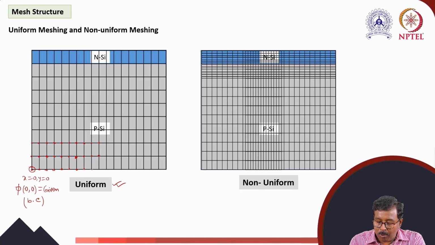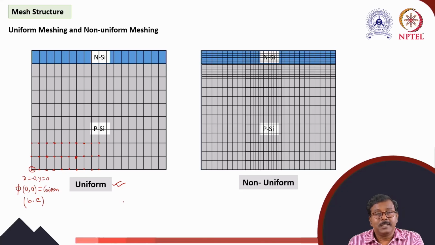So for more and more accurate results, you have to increase the number of grids or number of node points. That means you have to use smaller and smaller grids. That is called finer mesh, more and more fine mesh. If you use fine mesh, you will get more accurate results.